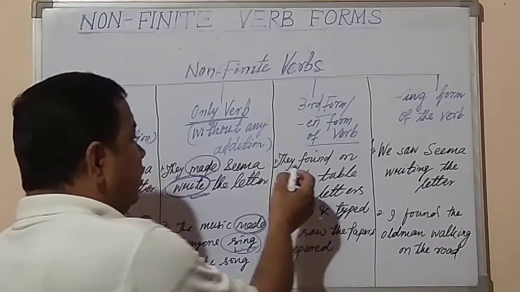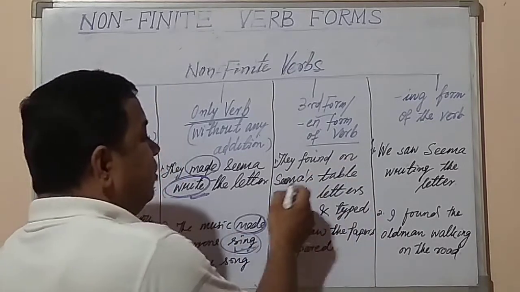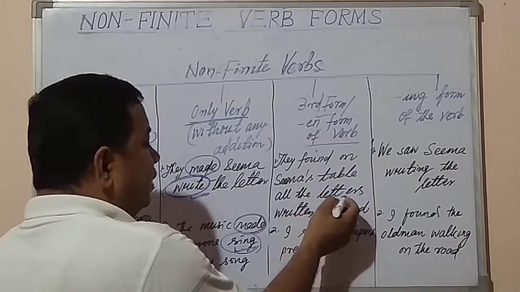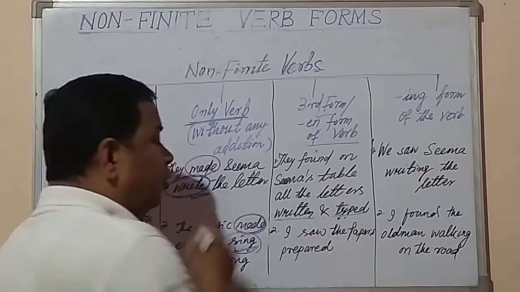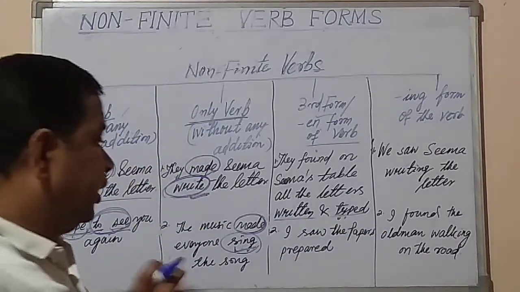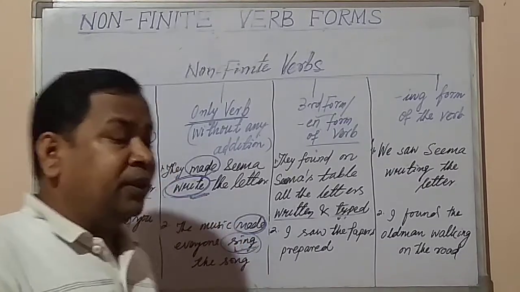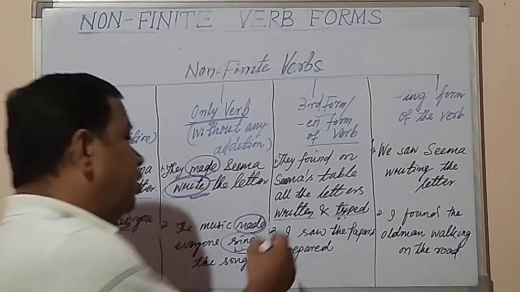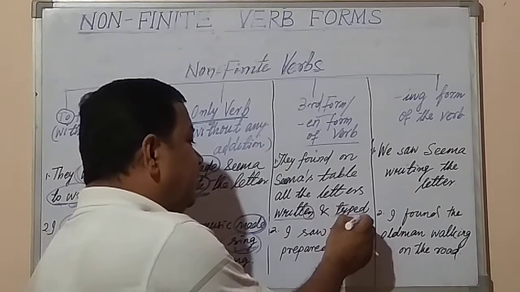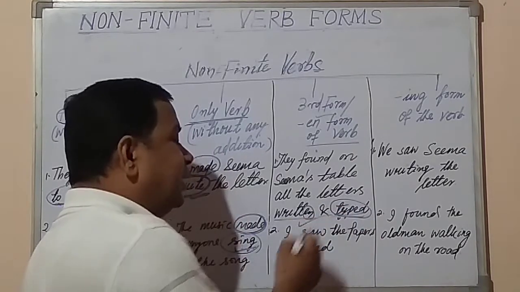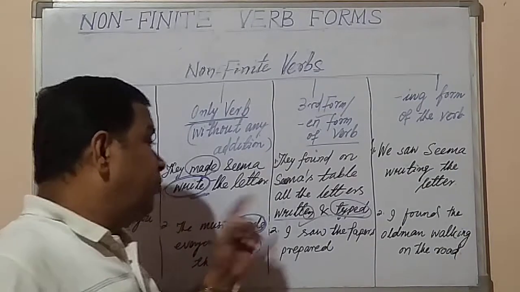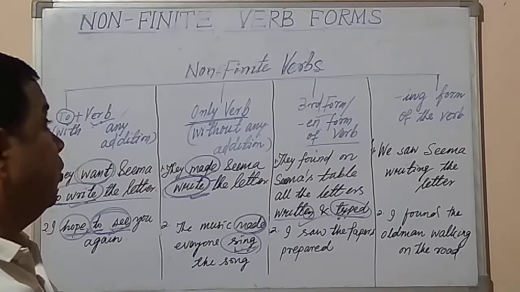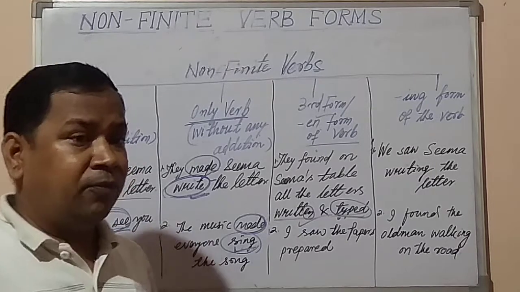For example, you see here, they found on Sima's table all the letters written and typed. Written and typed, as you know, write, wrote, written, and type, typed, typed. This is the en form, and this is your third form, and both are third forms or past participle forms. So this form is also one type of non-finite verb form.